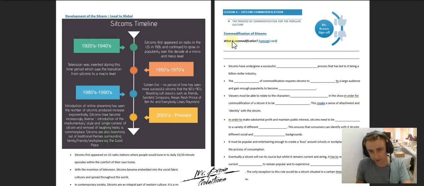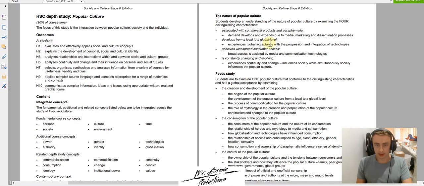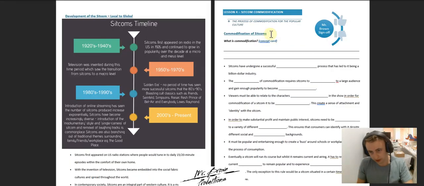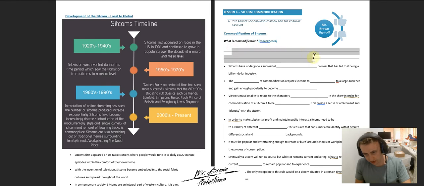Very first activity we've got here is what is commodification, and I've written in brackets here a concept card. What I want you to do is have a quick flash of your commodification concept card, test yourself on it, and I want to see if what you've written here matches that card. So I guess I'll backtrack a little bit.